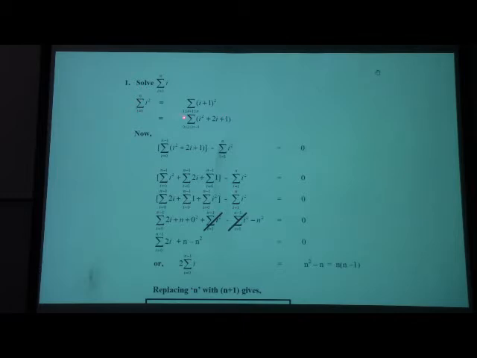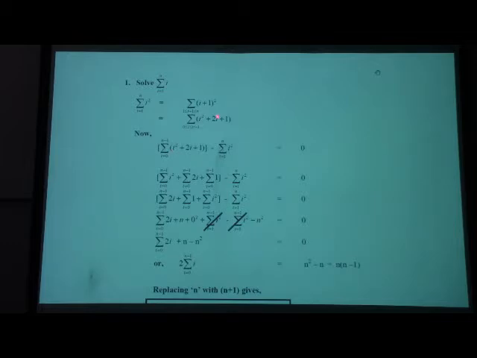Well, the summation of 3 terms is the sum of 3 summations. Then I am going to bring this one to this side, creating a 0 on the other side. So this minus this is equal to this. This is the minus i squared from 1 to n on the right side.